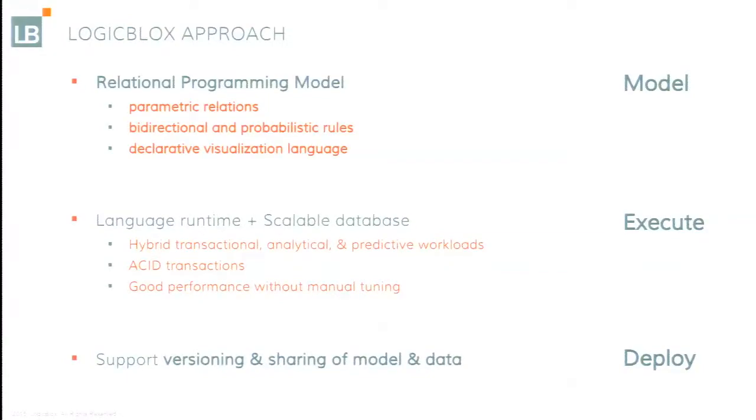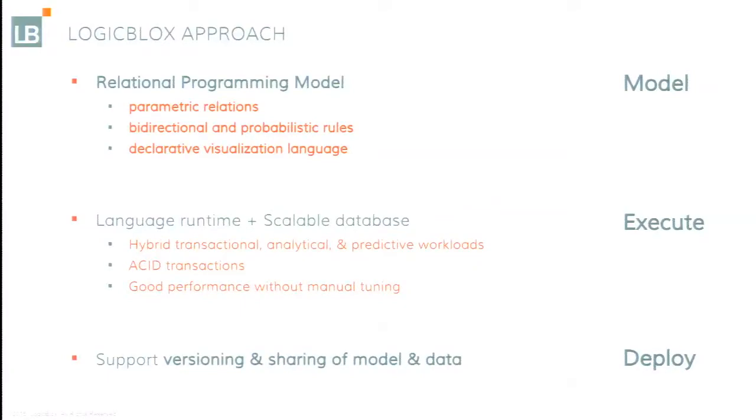For the execution engine, how do we actually scale the evaluation of a very sophisticated model to large data size and be able to support concurrent writers? Well, we realized very early on that our language runtime had to be a scalable database as well if we wanted to evaluate these models on real data size. And that database has to be able to handle the wide range of workloads that we have to support: bookkeeping, historical analysis, and forward-looking planning.